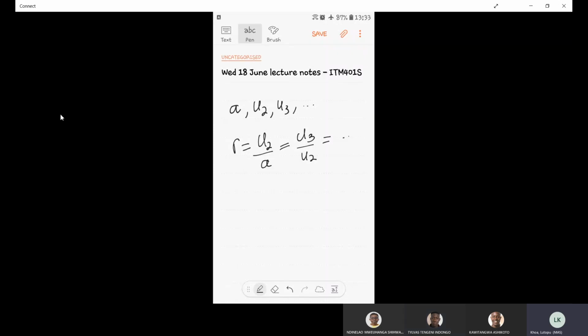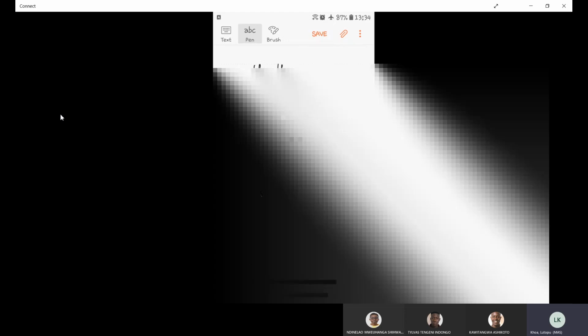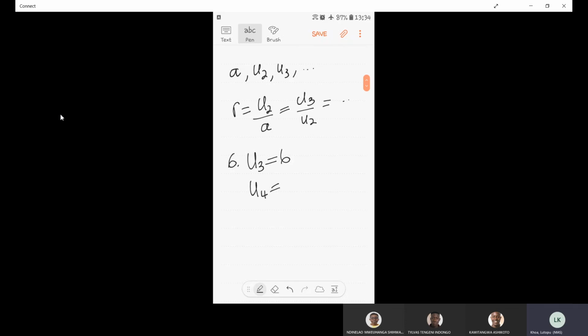Okay, that's better. Right, so we look at question number 6 now. With number 6, what we are told is that the third term, U3, is equal to 6, and the fourth term, U4, is equal to 27.